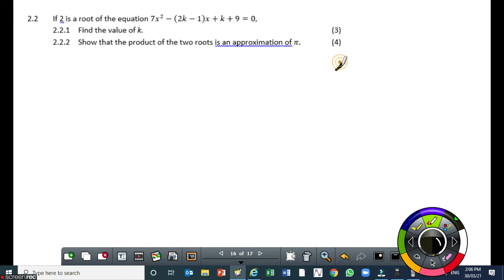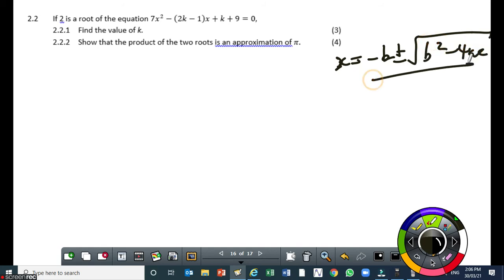And that discriminant we get it from the quadratic formula, x equal to minus b plus or minus the square root of b squared minus 4ac all over 2a. Now your discriminant is b squared minus 4ac. This is equal to delta.